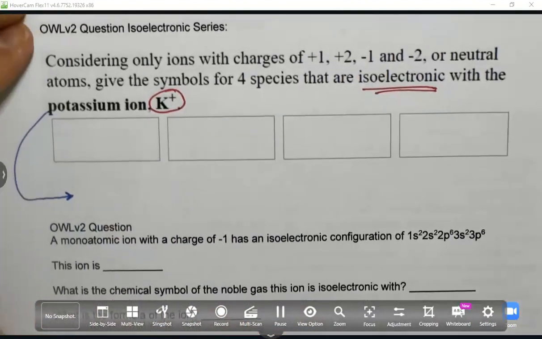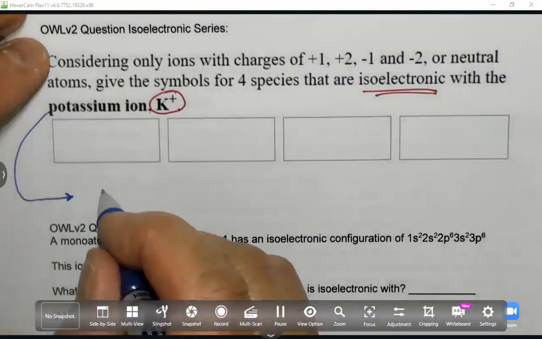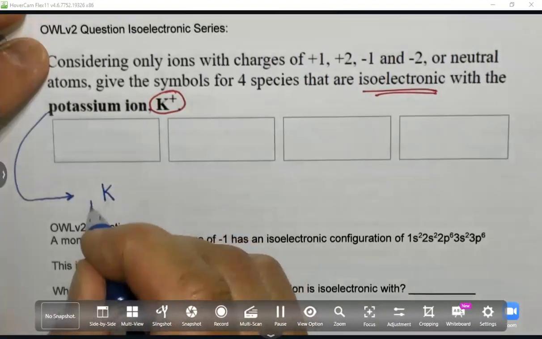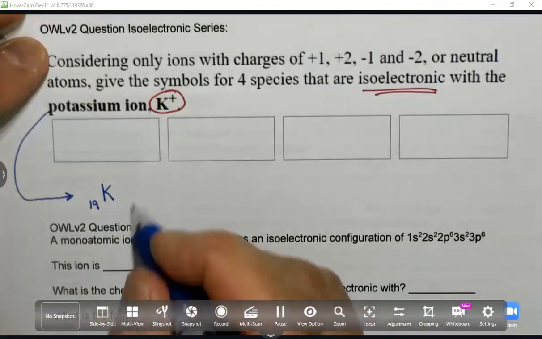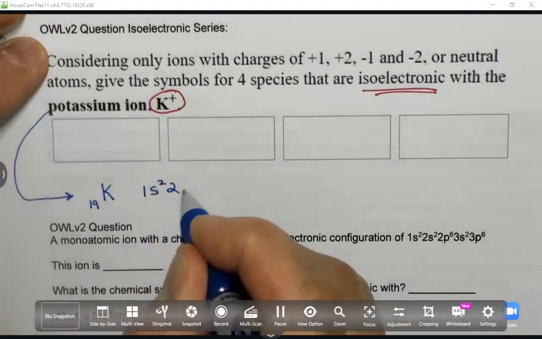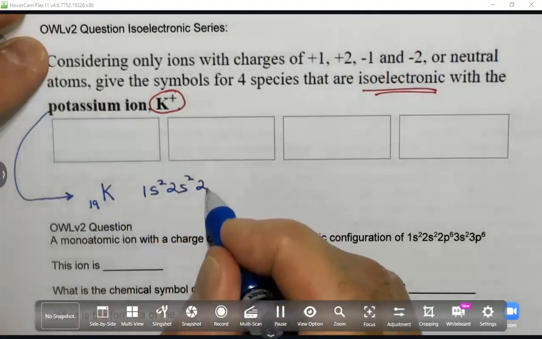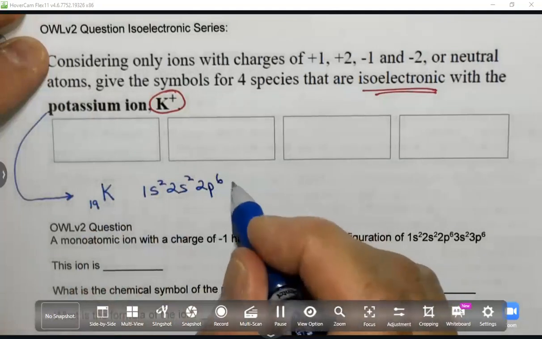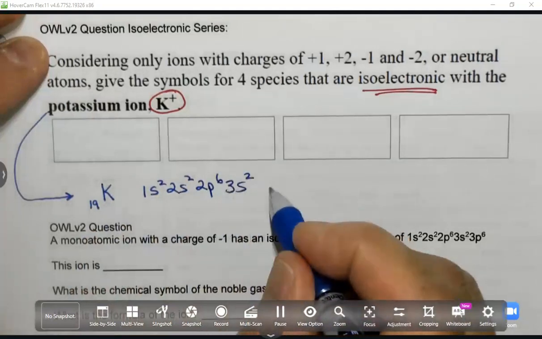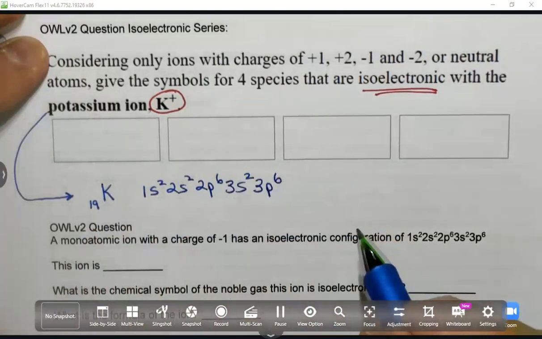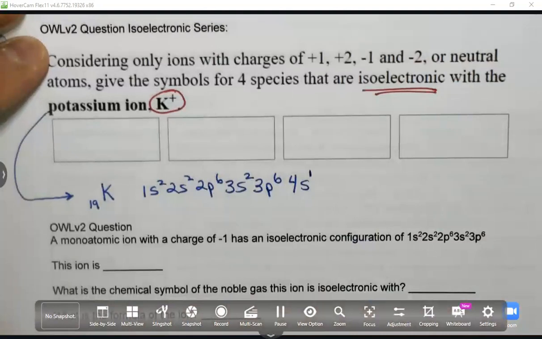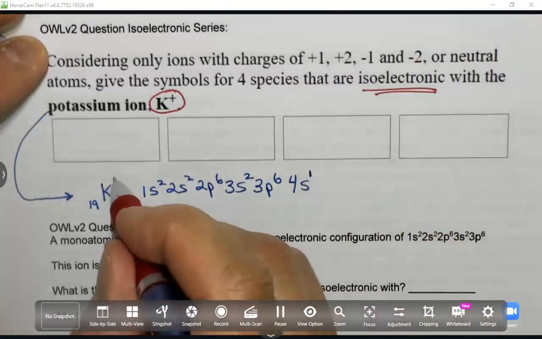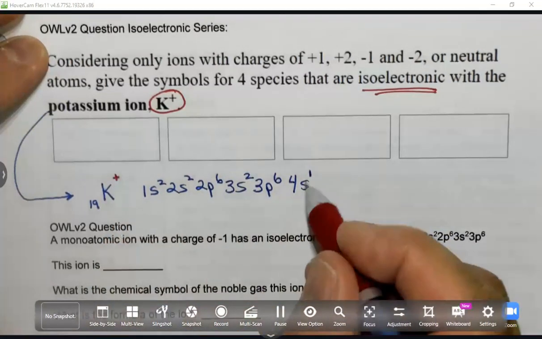Isoelectronic, you need to know how many electrons. 19 protons, 1s2, 2s2, 2p6, 3s2, 3p6, 4s1 if it's a neutral atom, but it's a positive charge.